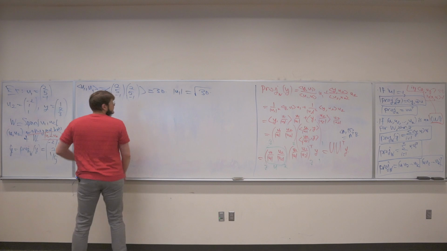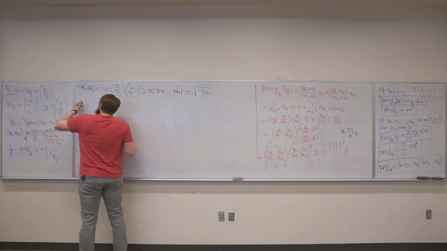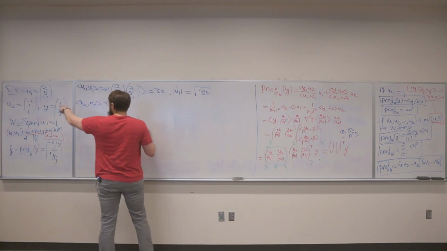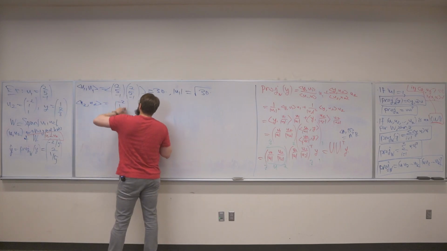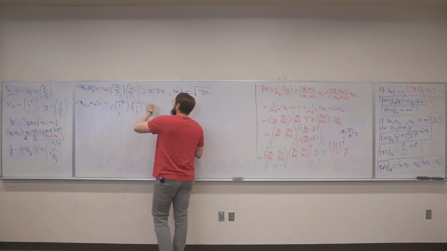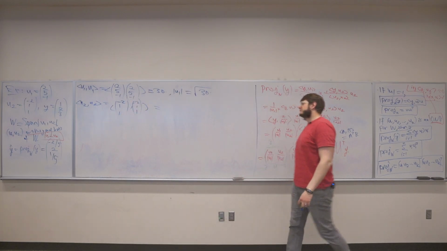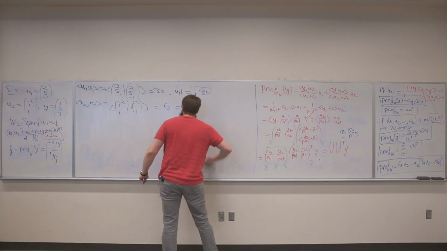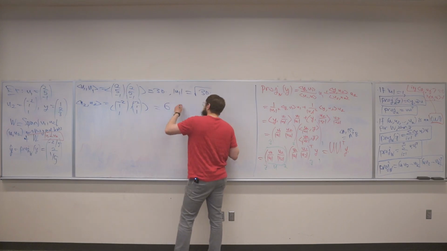U2 against U2 is (-2, 1, 1) against (-2, 1, 1). That's 4 plus 1 plus 1, so that's 6. Its norm, therefore, is root 6.